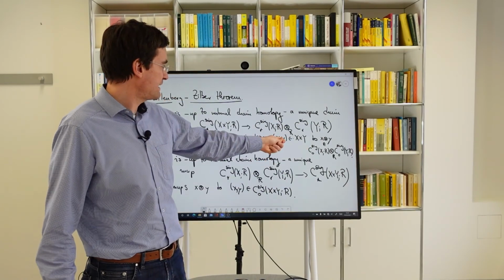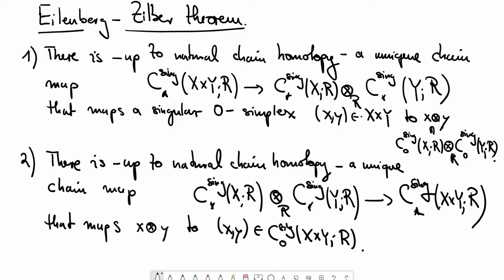So it's given by little x, little y in the product. And if you impose that this singular zero simplex is mapped to x tensor y, to this elementary tensor in Z0X tensor Z0Y, then this chain map is also unique up to natural chain homotopy.